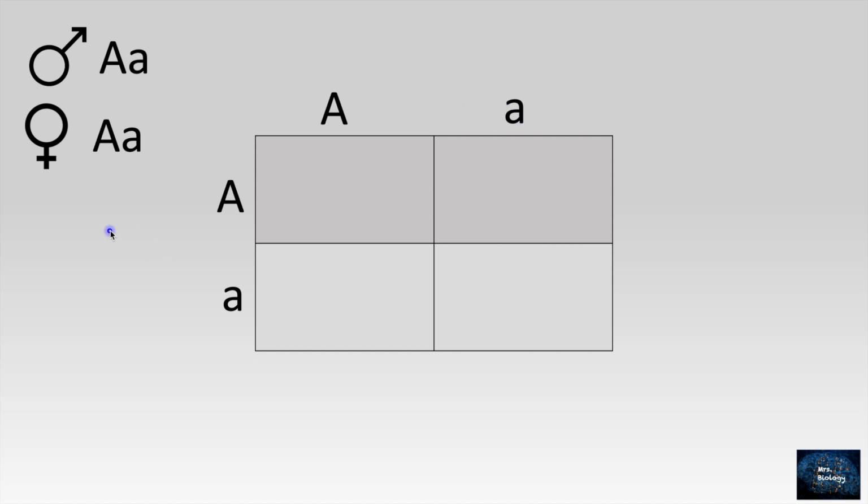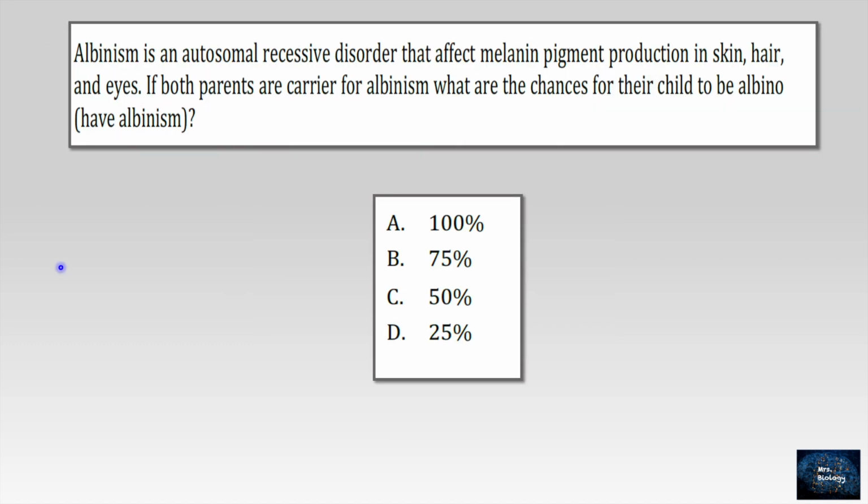So the first one, homozygous dominant. The second one, heterozygous, means carrier. The third one, also carrier. And the last one, recessive. So the percentage of having albinism is 25%. Let's go back and answer the question. So the answer for this question is D, 25%.